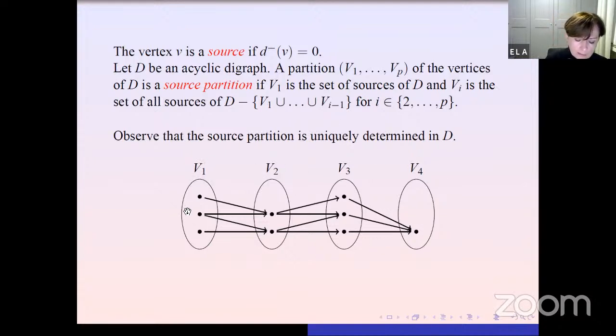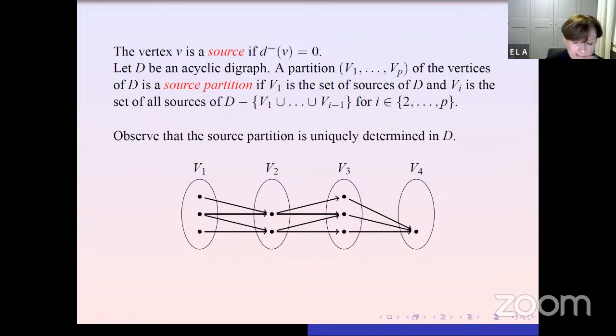So V1 is the set of sources. Next, we delete the sources in our digraph, and in the remaining part, we are looking for the sources. And again, we delete the vertices in V1 and V2, and in the remaining part we are looking for sources. And V3 is all the sources of the digraph which doesn't contain the vertices from the sets V1 and V2.